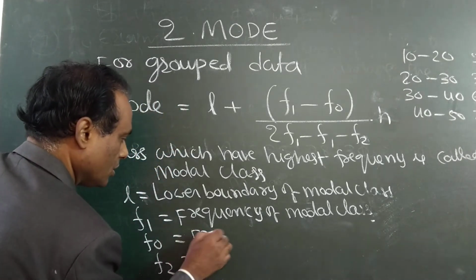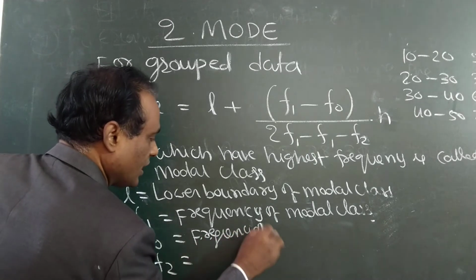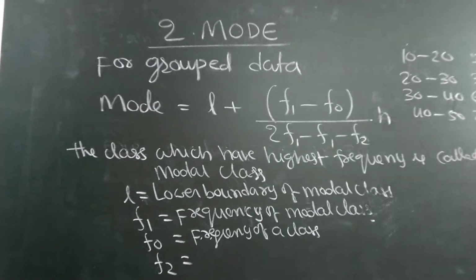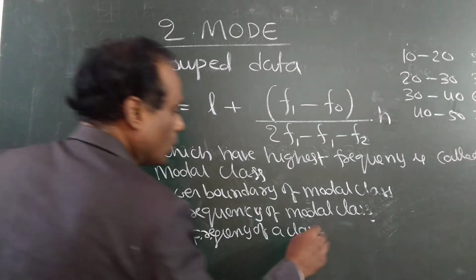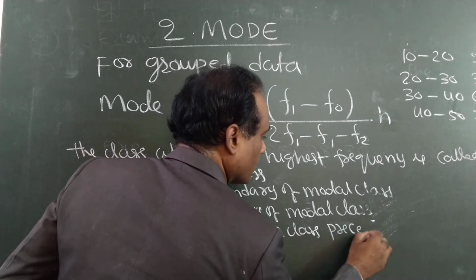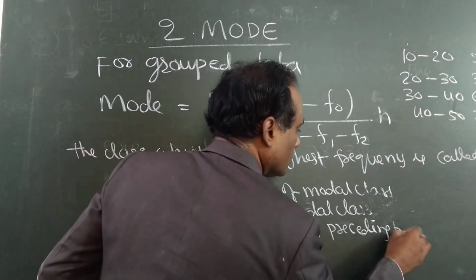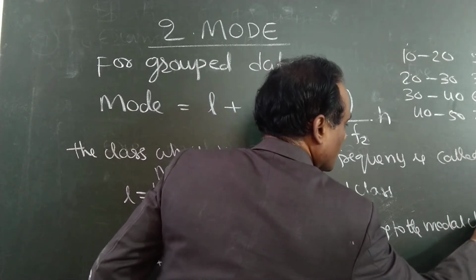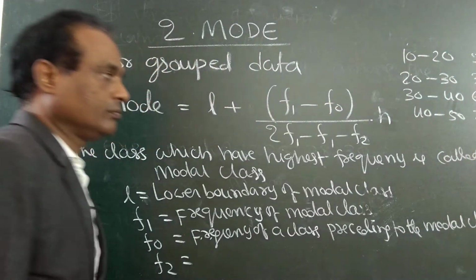Write down. F0 is equal to the frequency of the class preceding the modal class. Preceding means before.